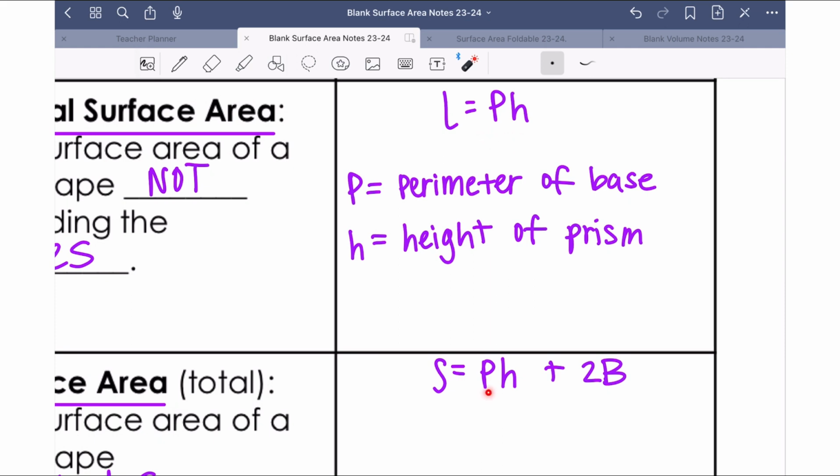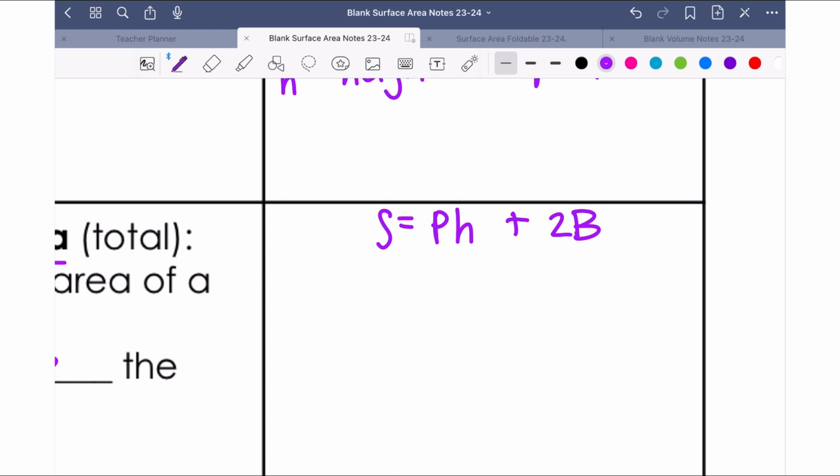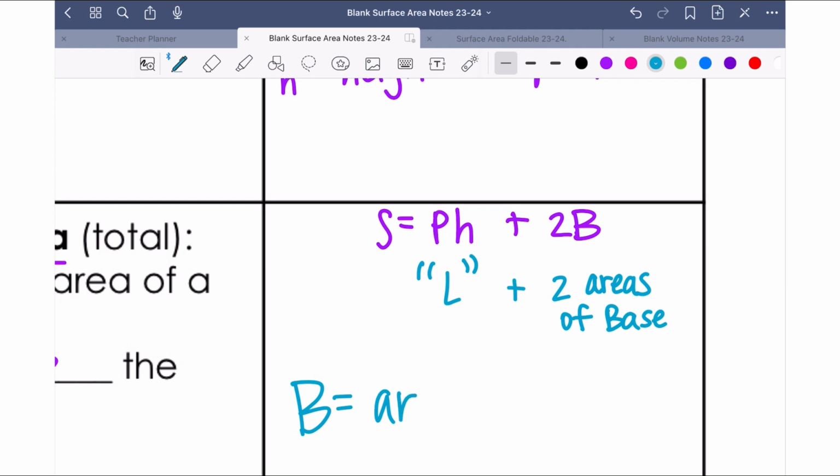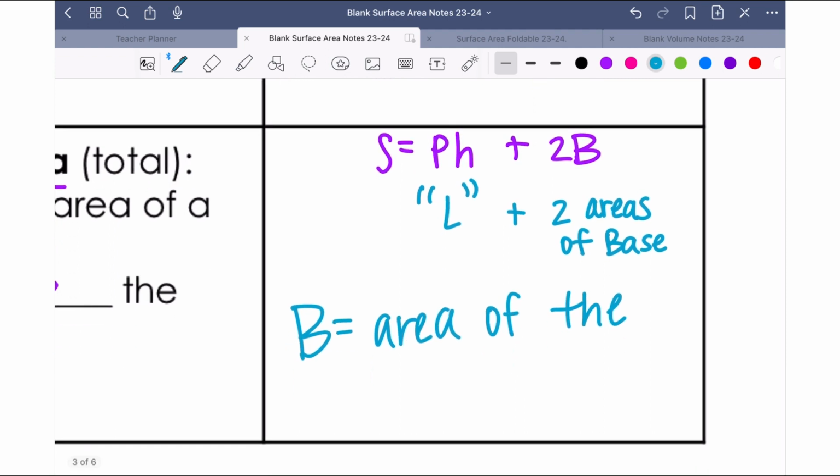So you take that part and then you add two areas of the base. So just put a little note here that this is technically the lateral area plus two areas of the base, sorry. And so just so you know, capital B is equal to the area of the base. And so we're going to add two of those.